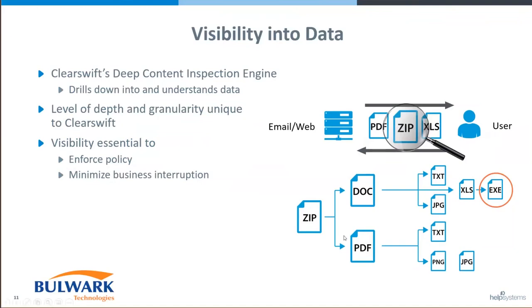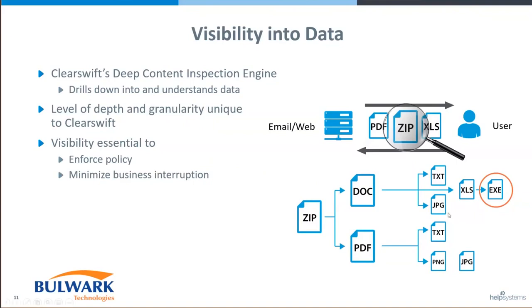So as an example here, if I were to send a zip file as an attachment to an email out of the organization, our engine will take that zip file to pieces. We can drill in there. We can potentially see that there's a Word document within there. We can extract all the text out of that Word document, and we can run that against your lexical expressions to look for sensitive intellectual property or customer details or personally identifiable information.